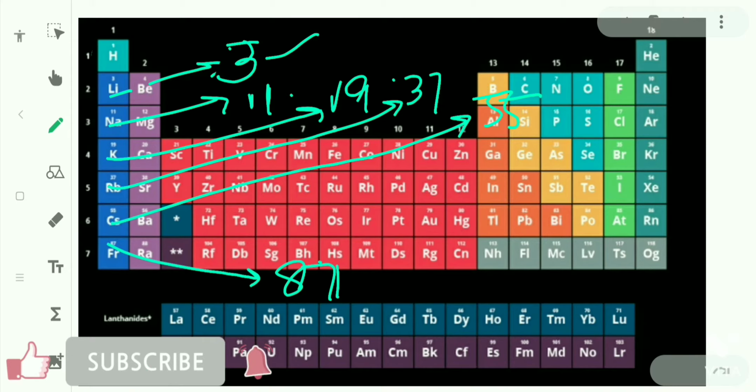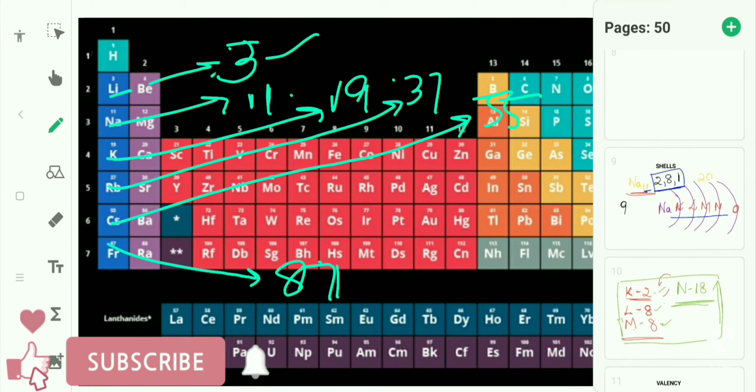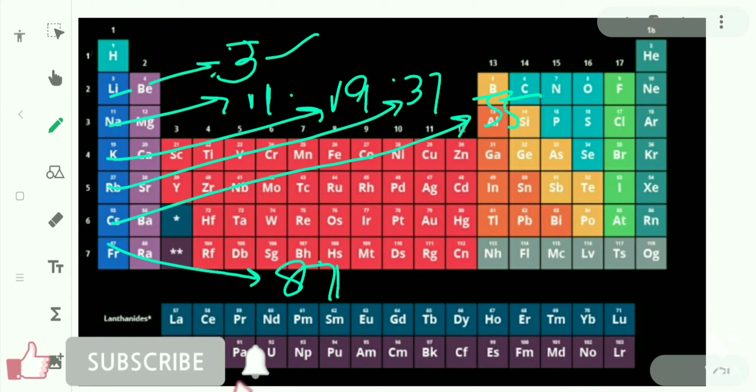Due to this increase in atomic number and mass number across the period and down the group, some properties also change. Take properties like the number of shells.